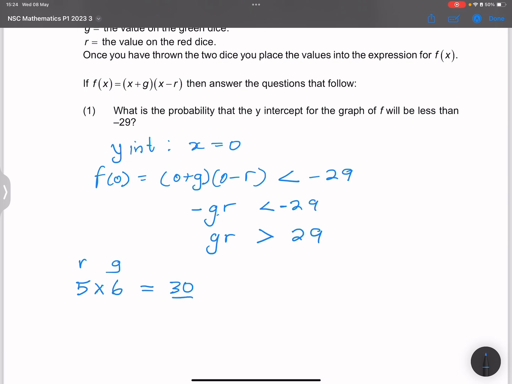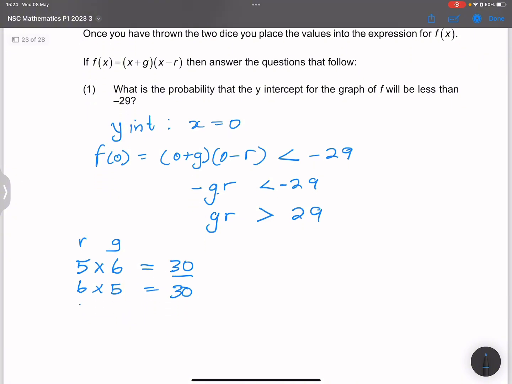Again, I can have the red becoming 6 and the green give me 5, okay? And again, I'd get a 30 out of that combination, right? Now I can have the red become 6 and the green 6, right? And definitely that would give me 36. It's greater than 29.